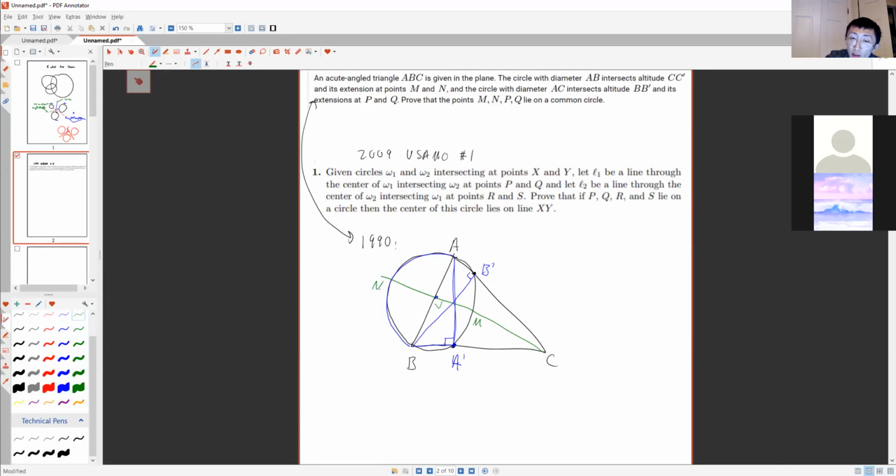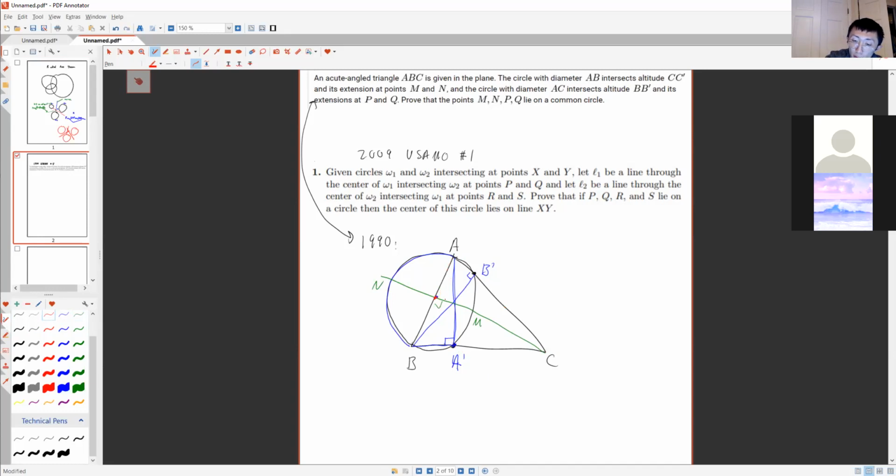Okay, so then you have a circle with diameter AC. So this will also pass through A prime, by the same reasoning as before, with the center right there. And it should pass through that point, right?